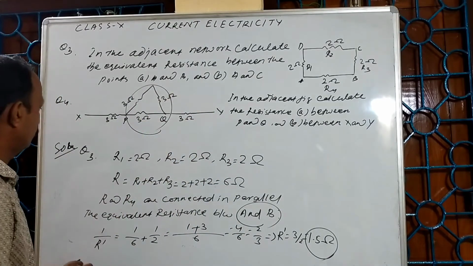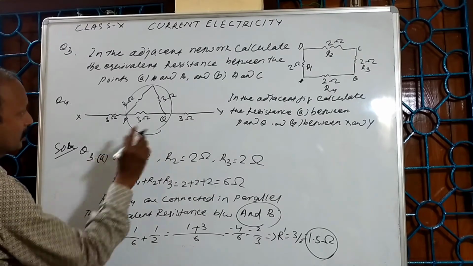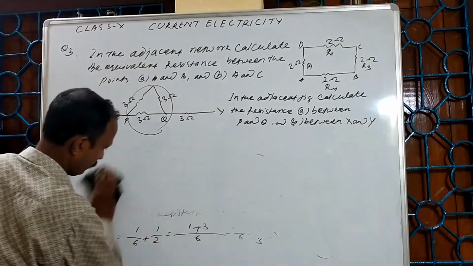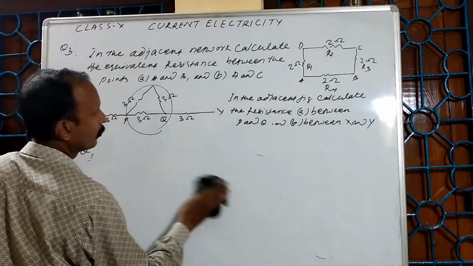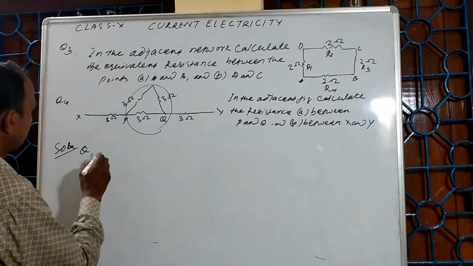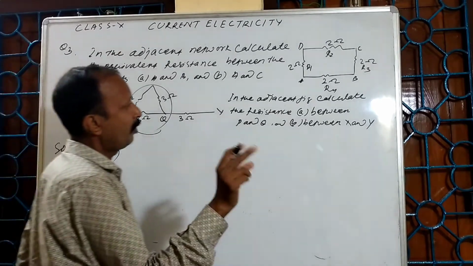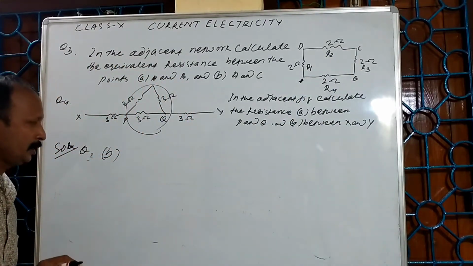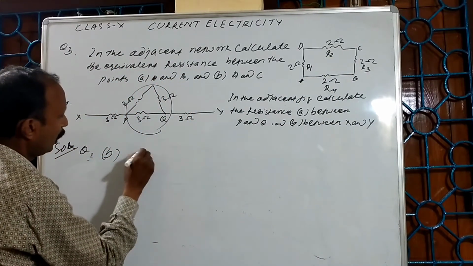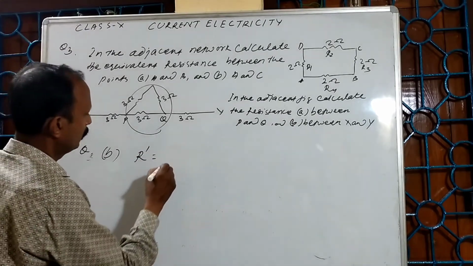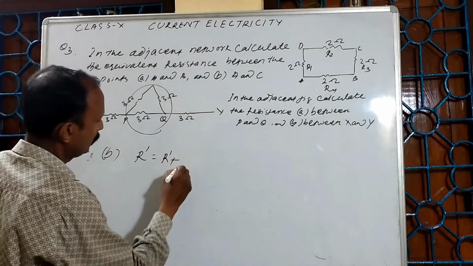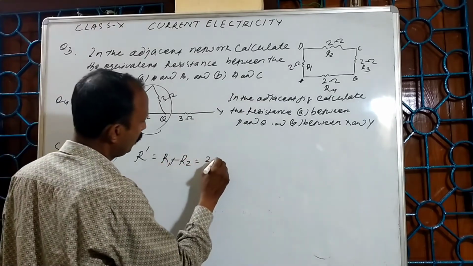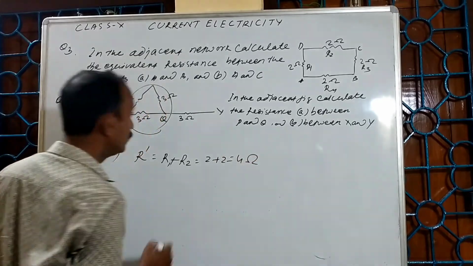Now second case. So this is the first part. Second part. We have to find out between A and C. So I can say that R dash is equal to R1 plus R2 is equal to 2 plus 2 is equal to 4 ohm.